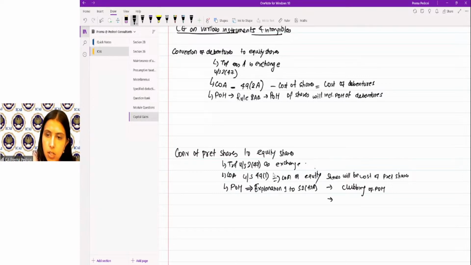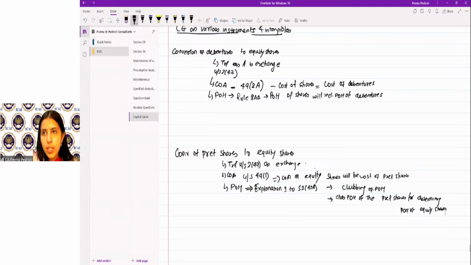So here you will club the period of holding of the preference shares for determining the period of holding of the equity shares. Okay. Now, both of these are transfers, because it is an exchange, right?